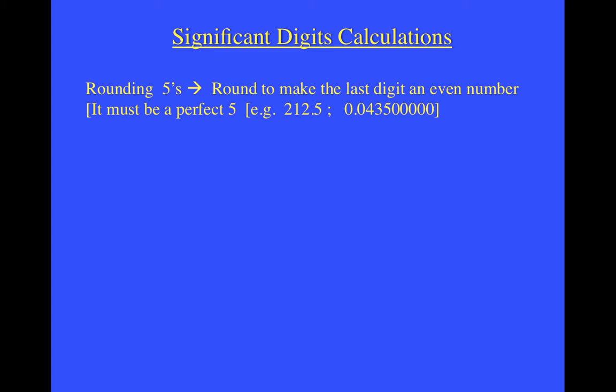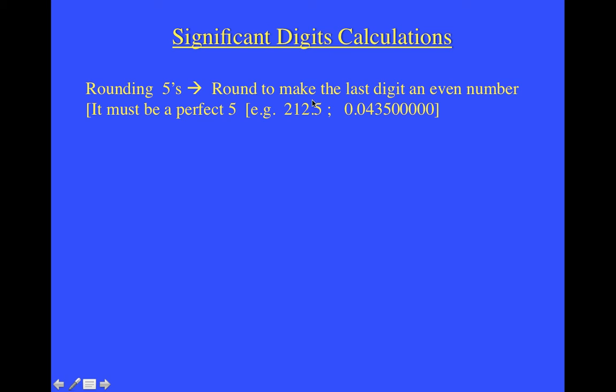Rounding fives. We got to round to make the last digit an even number. This is not that big an issue. We run into it from time to time. In physics, they always round up. In chemistry, always round to make things the even digit. So here we have a 5. It's next to a 2.